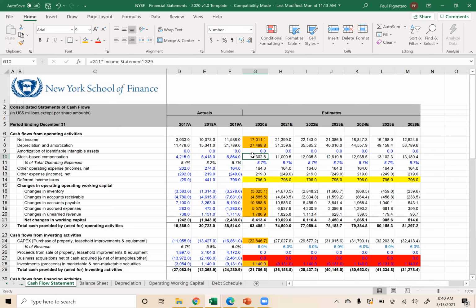Okay, this is an operating item. So stock-based compensation, sometimes what you could do is Google stock-based compensation journal entries or how it impacts the balance sheet. And stock-based compensation is employee stock options that have been granted.